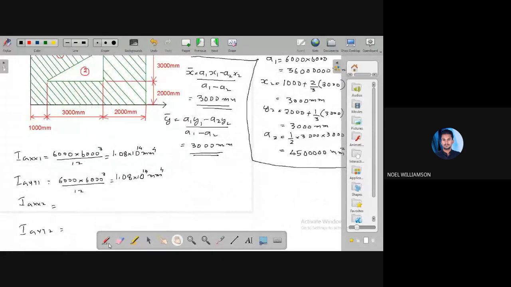So the equation will be 3000 into 3000 cube by 36, and IGYY2 also 3000 into 3000 cube by 36, which is 2.25 into 10 raised to 12 mm raised to 4.